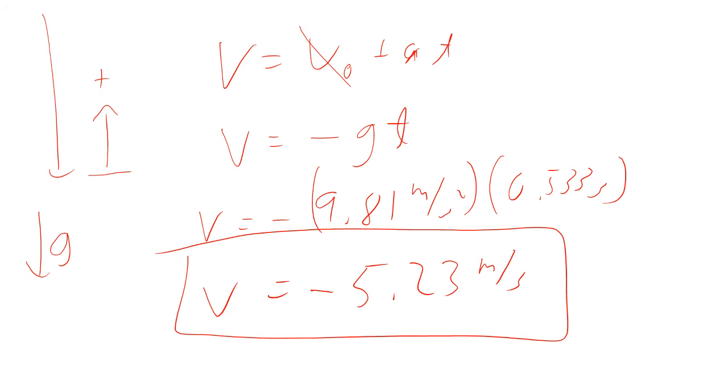Well, what's the difference here? This time we said up is positive, so therefore negative means moving down. Last time we had the origin at the top and we said down was positive, and so positive velocity meant going down. So it's really the same thing. They're both saying the velocity goes down.